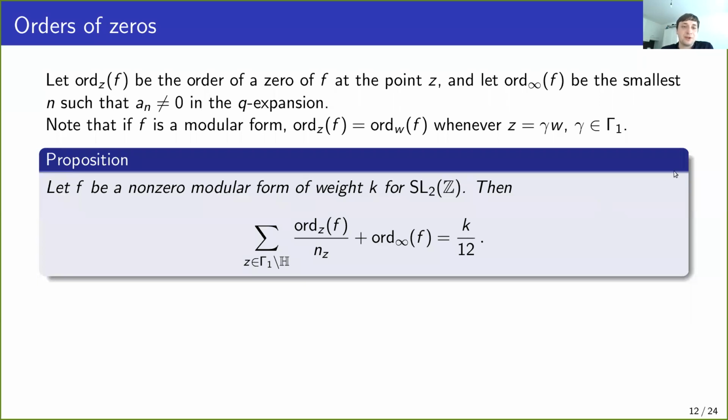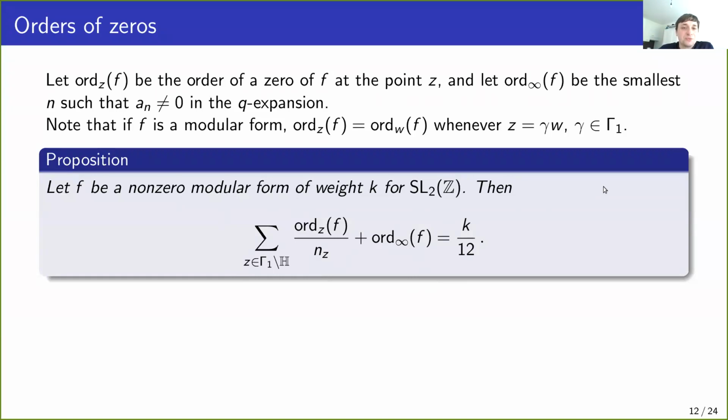So if you now take any non-zero modular form f of weight k, well, I should have written PSL2(Z) here, then the sum over all equivalence classes of zeros of f of the order of vanishing divided by the size of the automorphism group, so the stabilizer, plus the order at infinity of f is actually independent of the form. It's a constant that depends only on the weight. So it's k over 12.